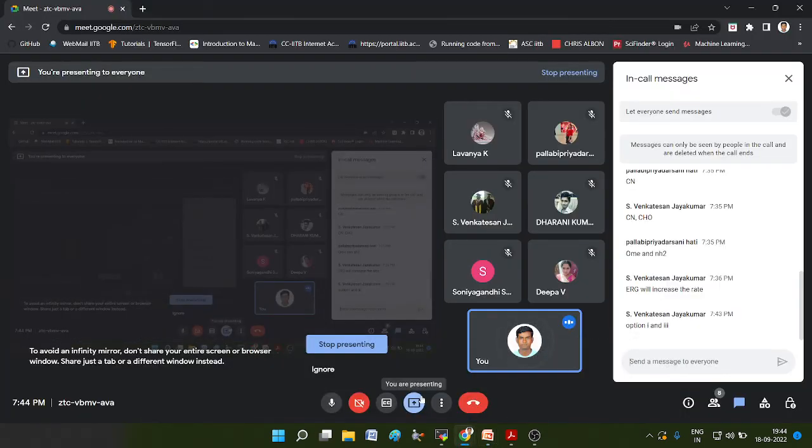Anyone answered? Option 1 and 3. Anyone else? Sonia, you can answer, and then Deepa, Dharani. You can try, it's not a big deal. You have solved it, I also think.